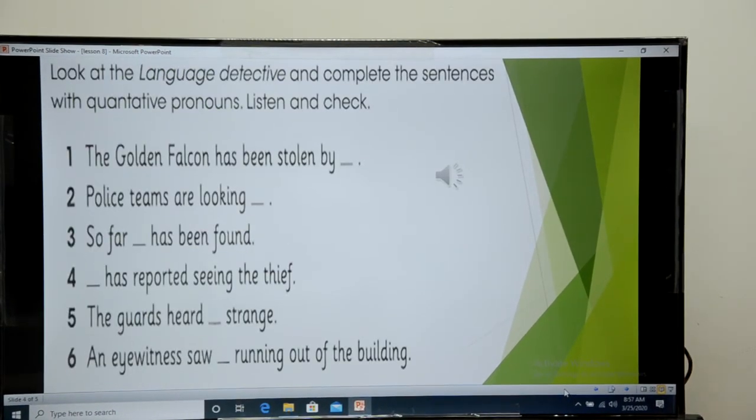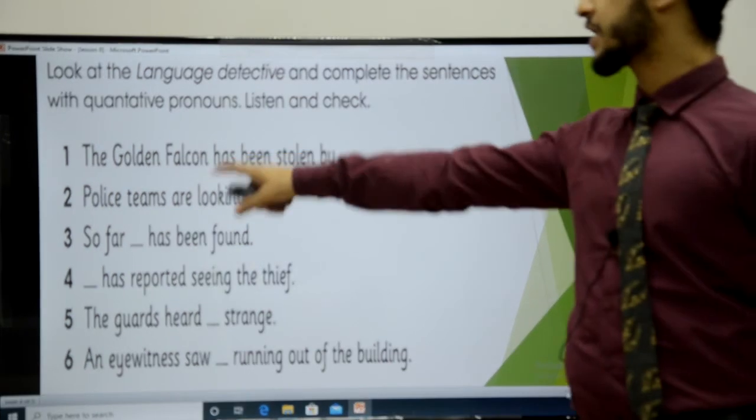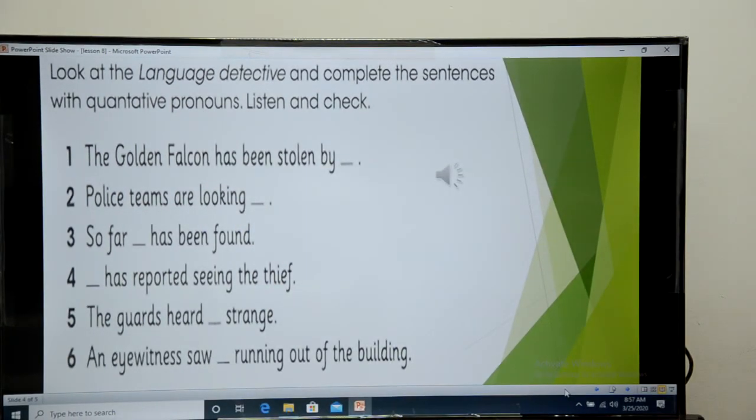Now it's time to guess the answers for these questions. Before you listen, before you think, they are about the story of the golden falcon that was stolen. You have to think now. Think which pronoun is going to be used in the spaces.